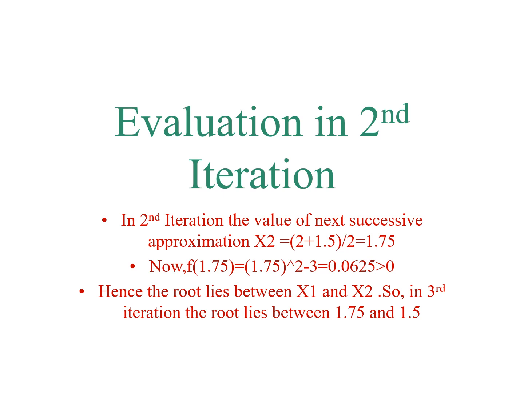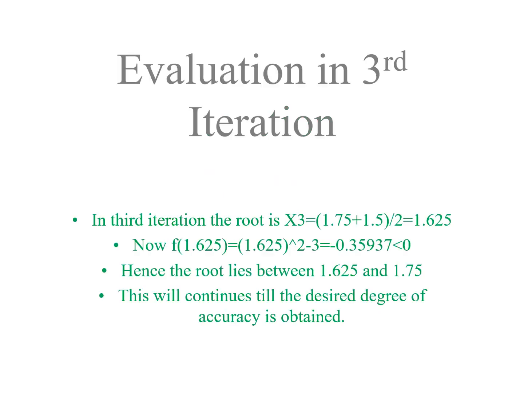So in the third iteration, the root lies between 1.5 and 1.75. In the third iteration, the root is x3 equal to 1.625. Now the value of the function at 1.625 is negative. So the root lies between 1.625 and 1.75.